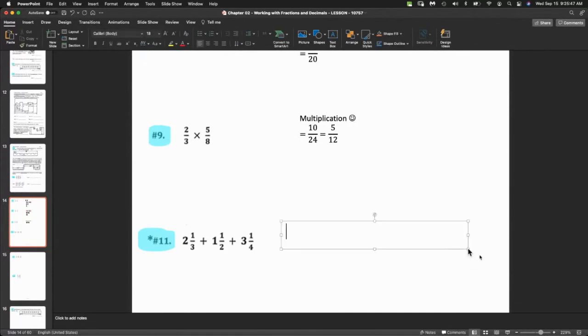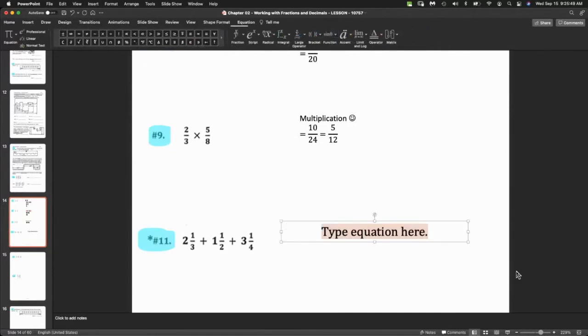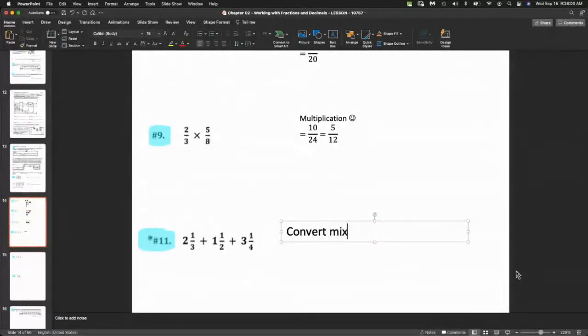In question 11 here, we have a little bit of a nuisance because we have mixed fractions. So the idea here is to get them into improper form. You can also take out the whole parts if you want.